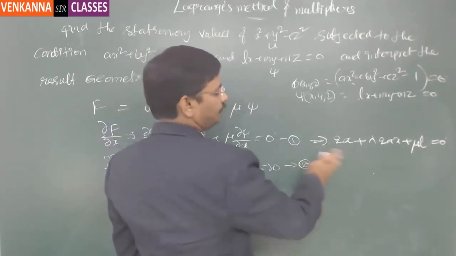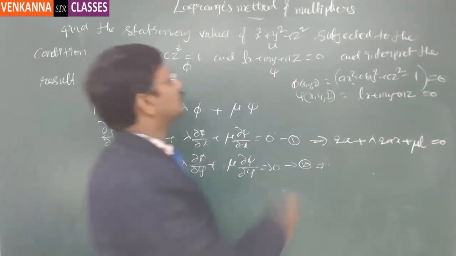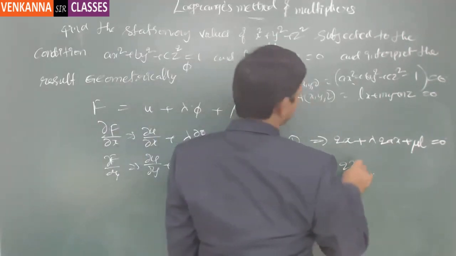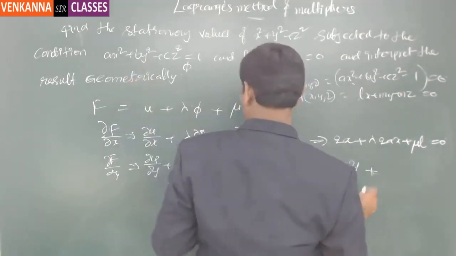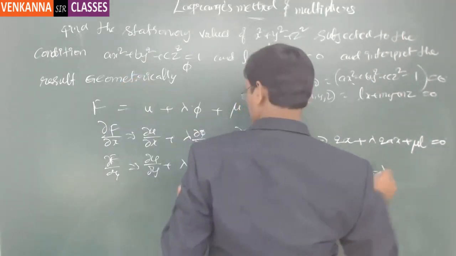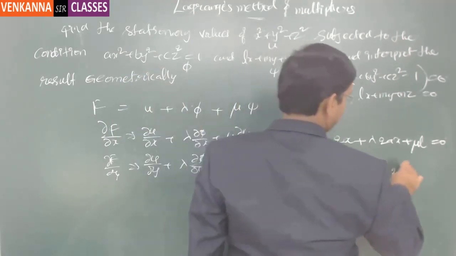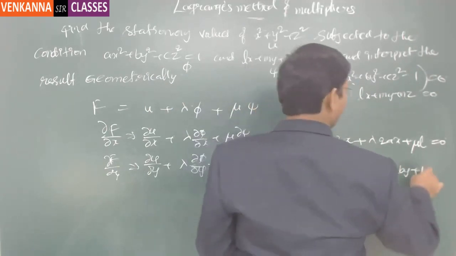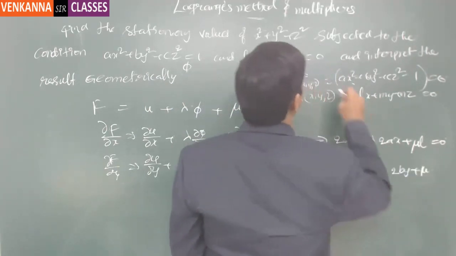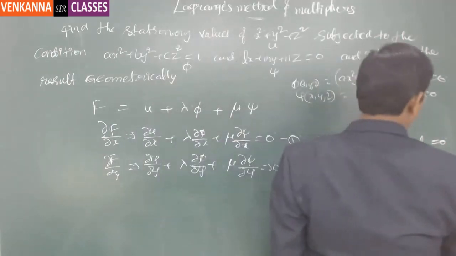From this, ∂u/∂y is 2y, plus lambda times ∂phi/∂y, which is 2by, plus mu times m, since this is with respect to y.